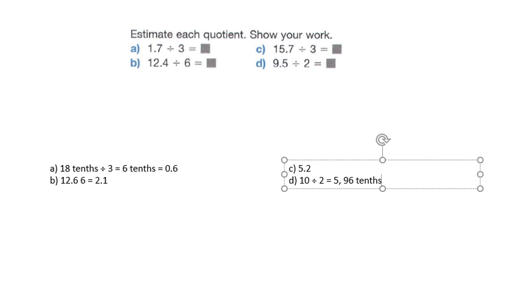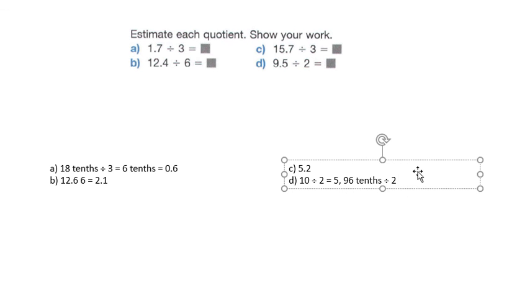If I take 96 tenths and I divide that by 2, I could make 2 equal groups. So this is like saying I could take the 90, and that's 45 into each group, and then the 6 and 3 into each group.